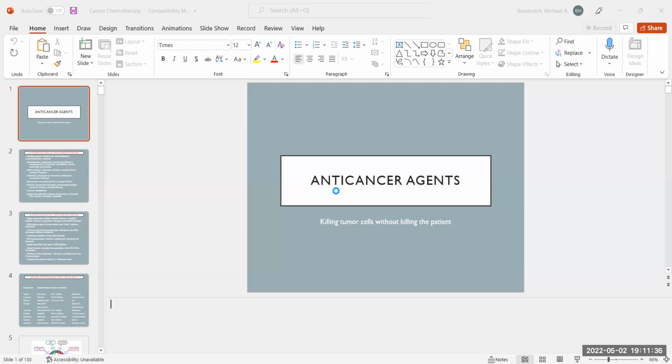This is a picture taken from a review that was published in the journal Cell. Robert Weinberg is one of the premier cancer biologists of his day. He's retired now. So was Douglas Hanahan. Douglas Hanahan passed away, unfortunately.